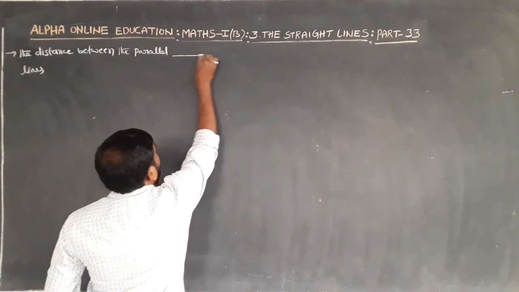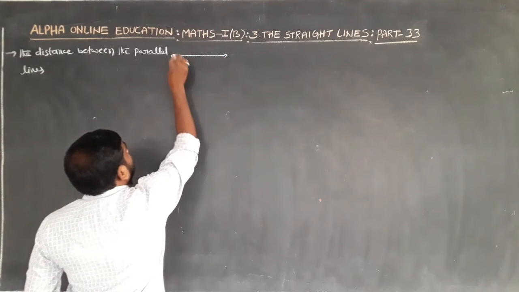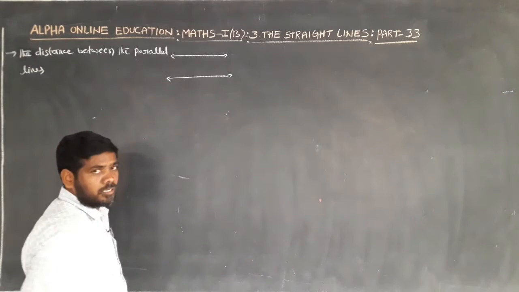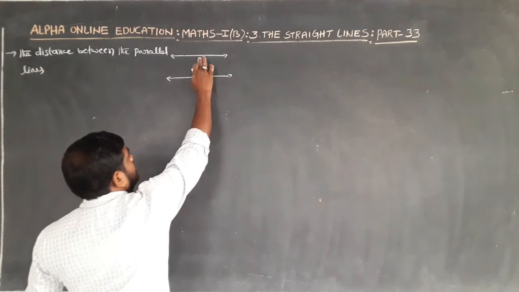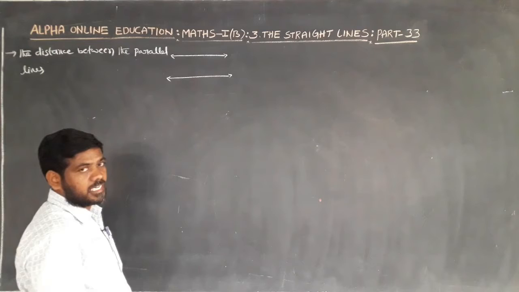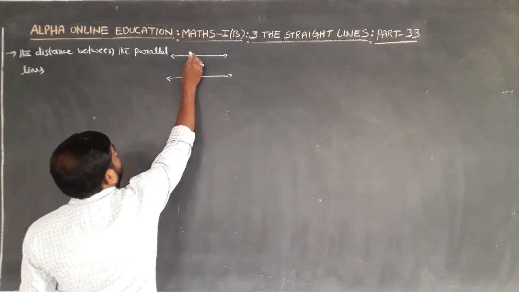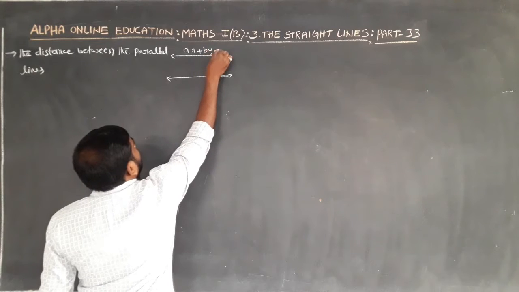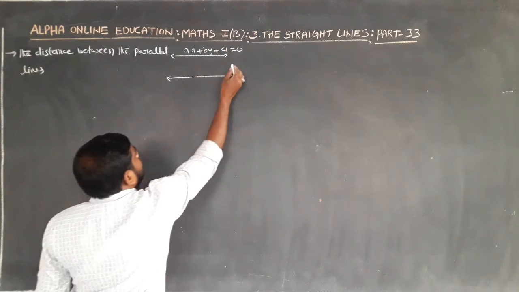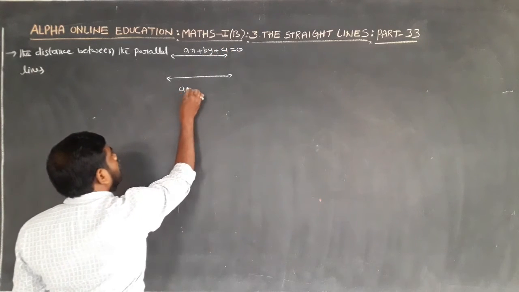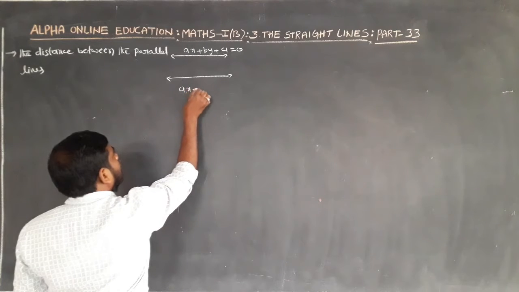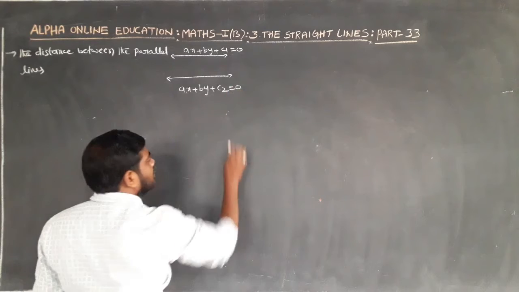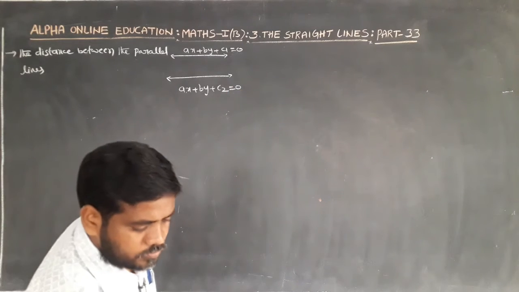Parallel lines means if the two lines are parallel, then their slopes are equal. This is the first line, Ax + By + C1 = 0. This is the second line, Ax + By + C2 = 0.